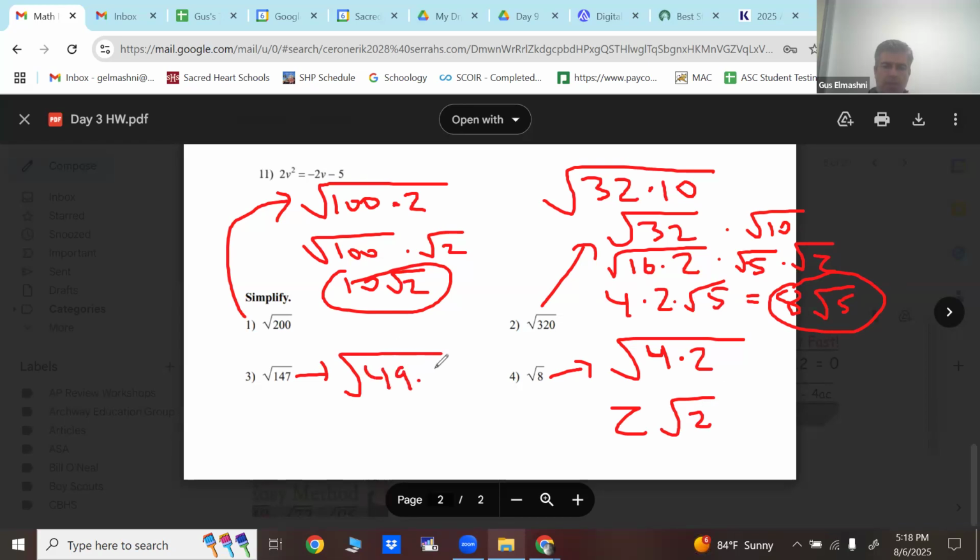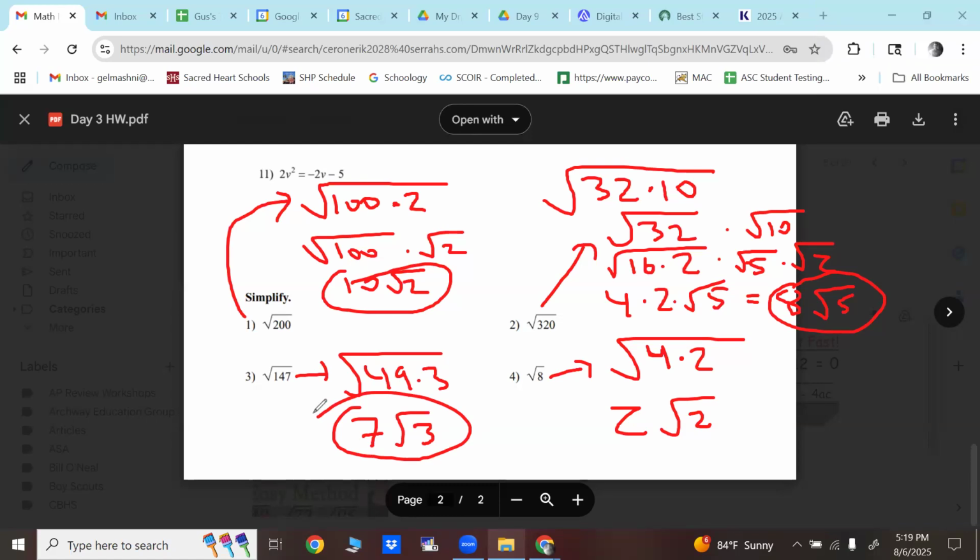You have to use a calculator to kind of make sense of it. That is going to be tricky, so remember.